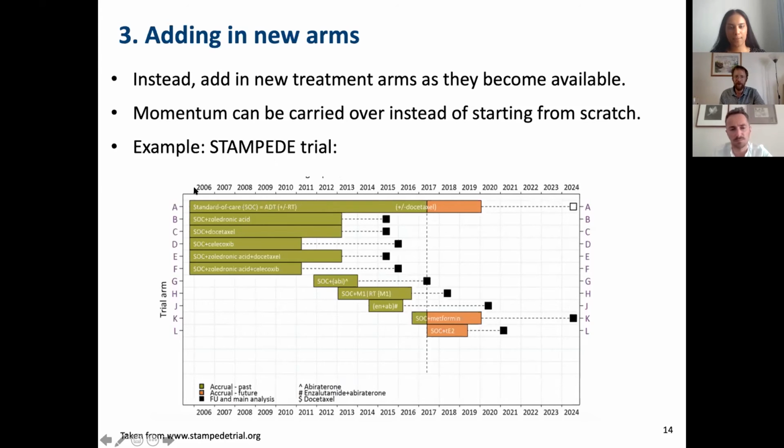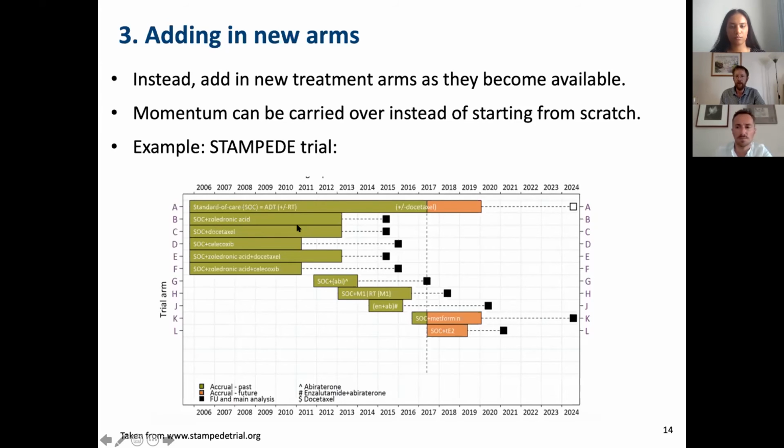It started back in 2006, and it initially had 6 different arms, one of them being a standard of care control. This is in prostate cancer. Each of the arms was testing adding in an experimental treatment, and you had the advantages of the multiple experimental arms with a shared control group that we talked about earlier.